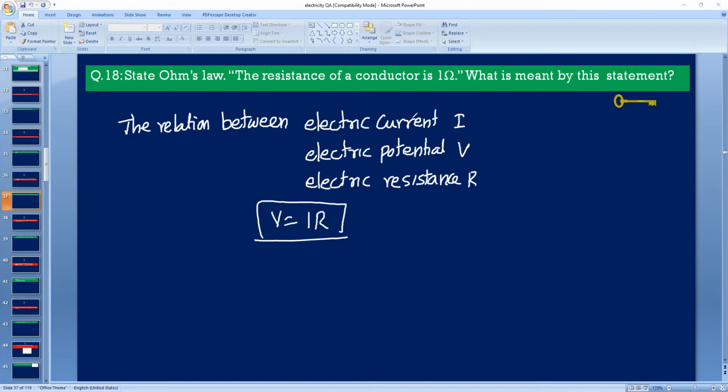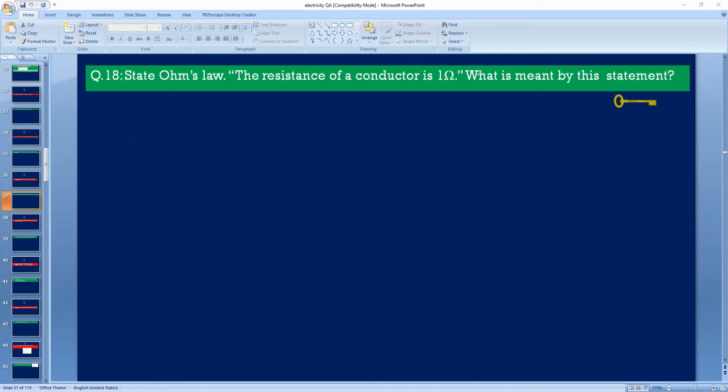The resistance of a conductor is 1 ohm. From that, R is equal to V by I. So resistance unit 1 ohm is equal to 1 volt by 1 ampere is called as 1 ohm. Hope this answer is clear to you.